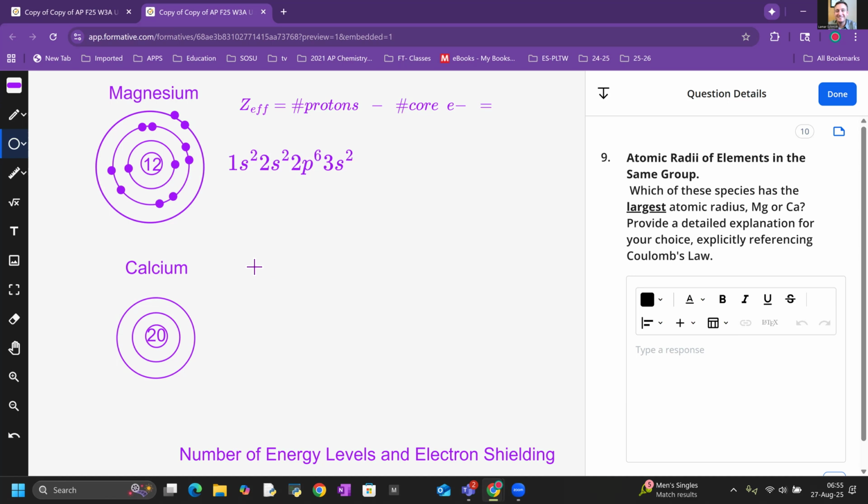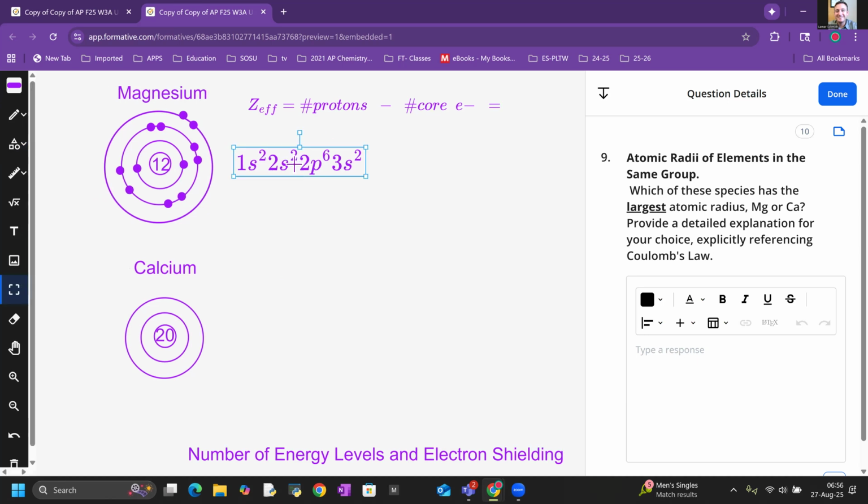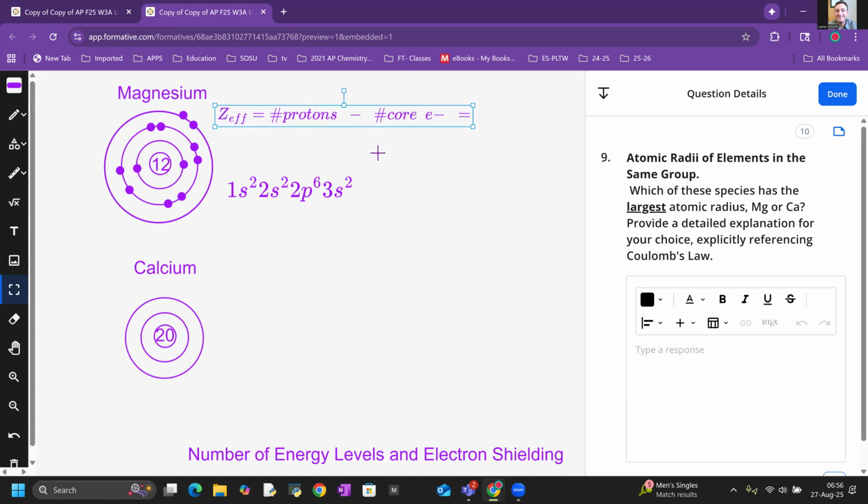All right, and so things to look at here. We want to look at the effective nuclear charge. It's not the theme, but we want to look at it. So we notice that magnesium has 12 protons. And we talked about in that last video, hopefully you watched it, that we can differentiate between valence electrons and core electrons.